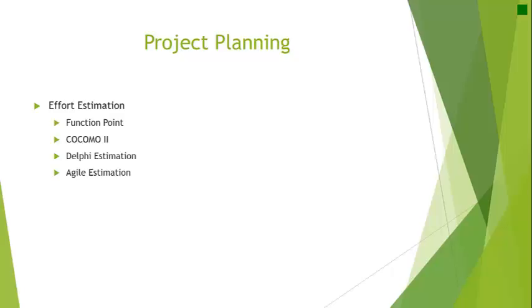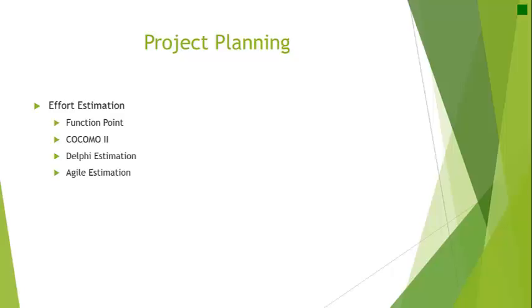COCOMO consists of three models: the application composition model that is used for building a prototype in the early stage of the life cycle, the early design model that is used during the early stage of a project, and the post-architecture model that is used after the software architecture has been defined.